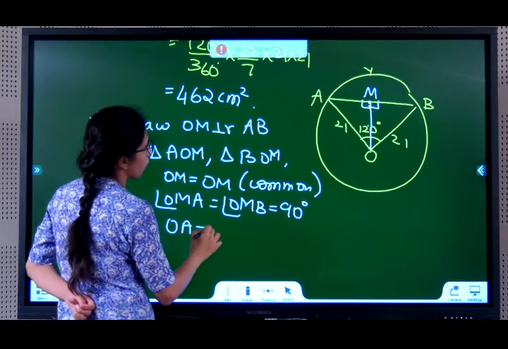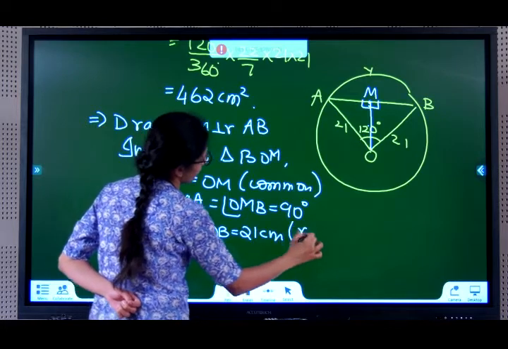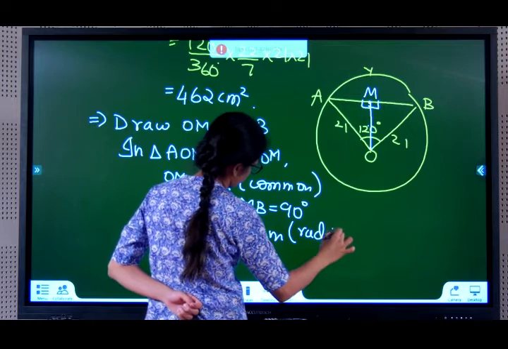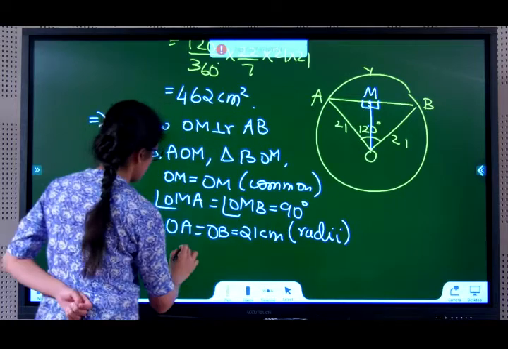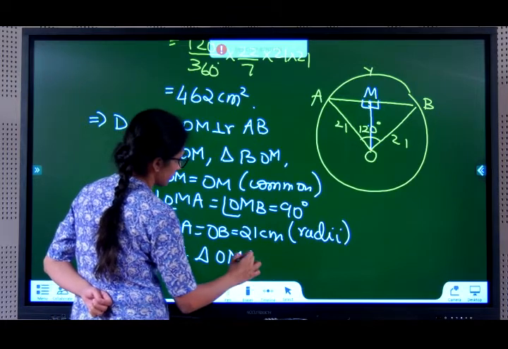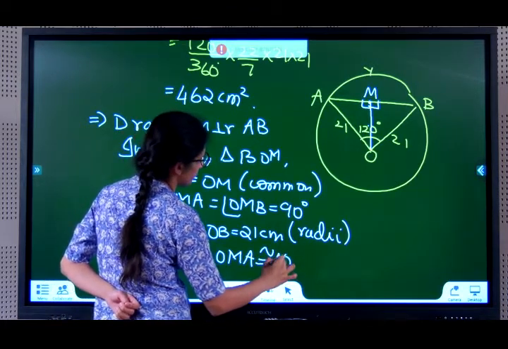OA equals OB equals 21 centimeter because they are radii. Therefore, triangle OMA is congruent to triangle OMB.